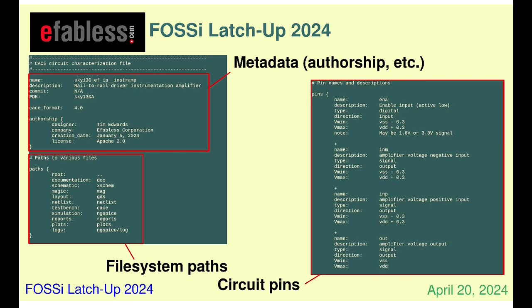File system paths: I didn't want to be too restrictive about the paths, but I do need to enforce some kind of file hierarchy on people so that the tools can figure out where everything is. For the circuit pins, this is your standard pinout as you would find in a data sheet. It's got your pin names, descriptions, types, whether it's input, output, or digital or analog signal, power, ground.